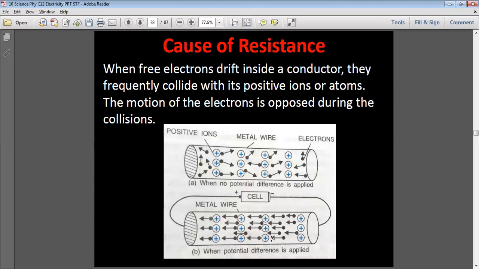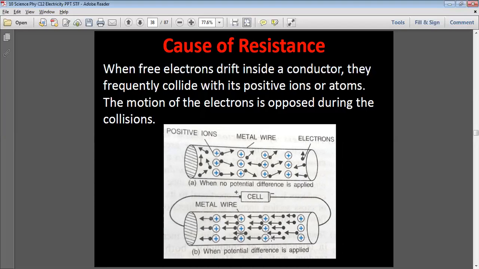Cause of the resistance. What is the importance of the resistance? There are positive ions in a metal wire, and electrons move like in a pipe. How do they move? When no potential difference is applied, they do not move properly. Always positive and negative attract each other.